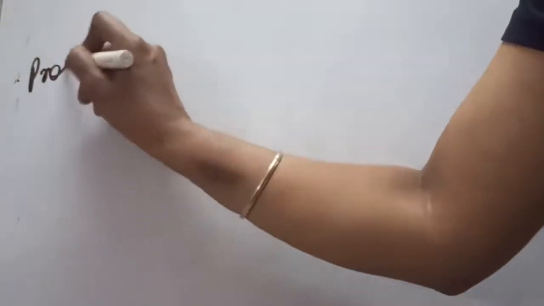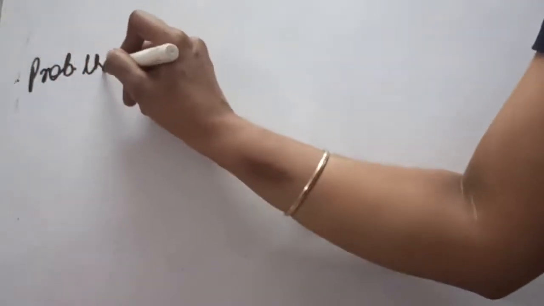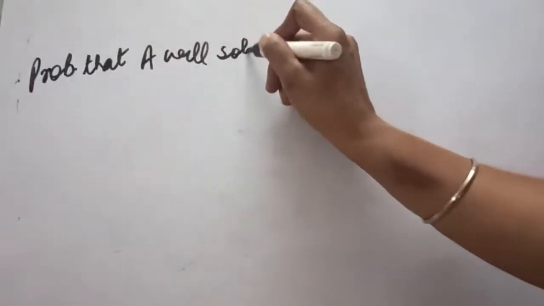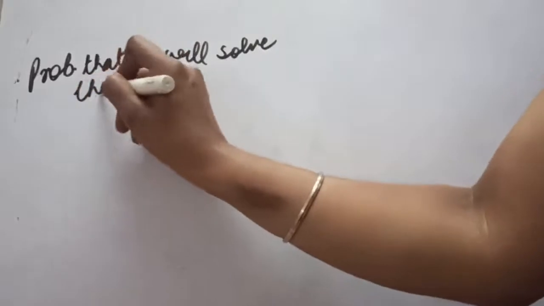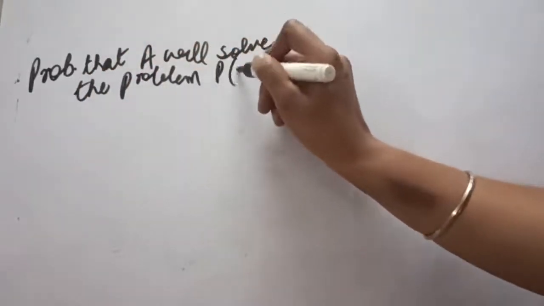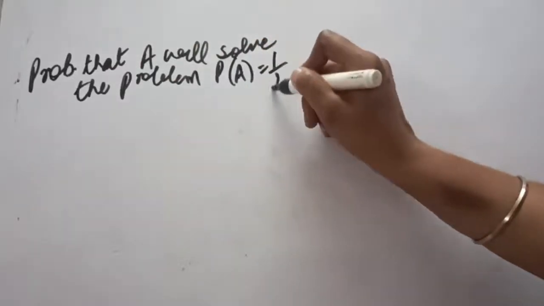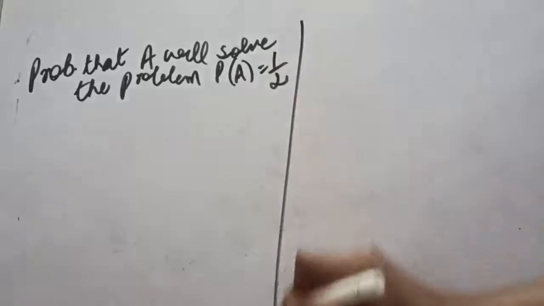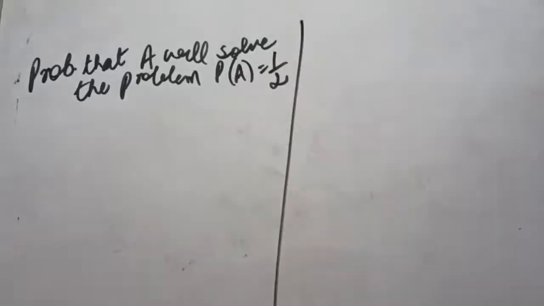As we know, the information given in the question was the probability that A will solve the problem, that is PA. It was given as half. If the chance that A will solve the problem is PA, we want that A will not solve the problem.